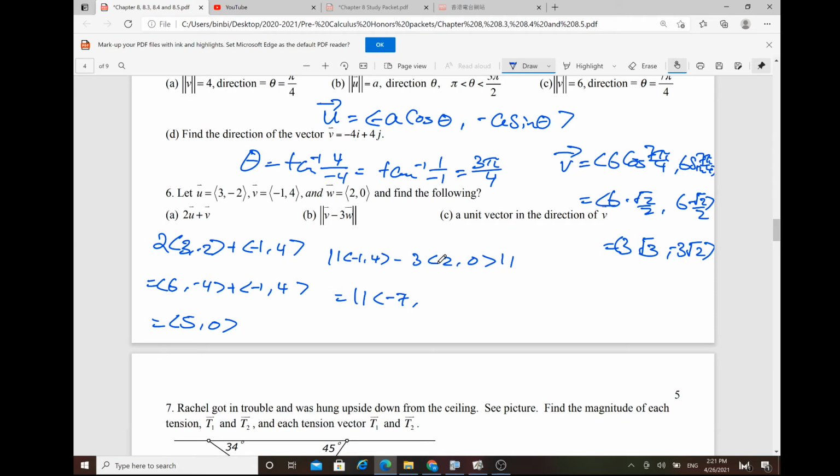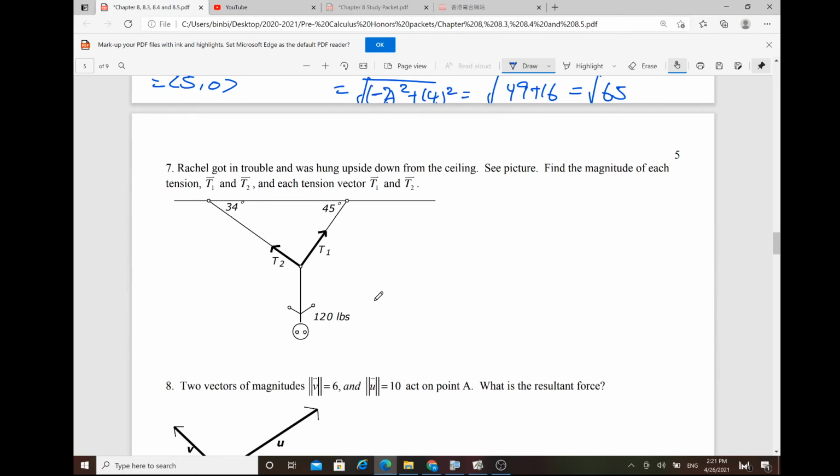And then 4 minus 0, so 4. Okay, so find out the magnitude. So square root of negative 7 quantity squared plus 4 quantity squared. So 49 plus 16, which is root 65. Okay, so nothing we can do with that root 65, just leave it.